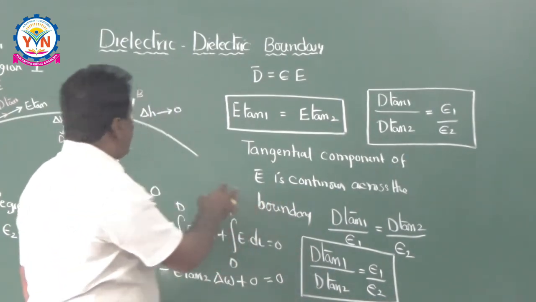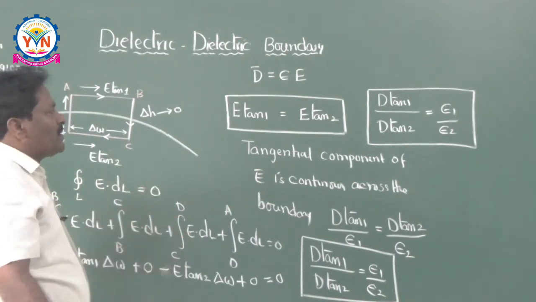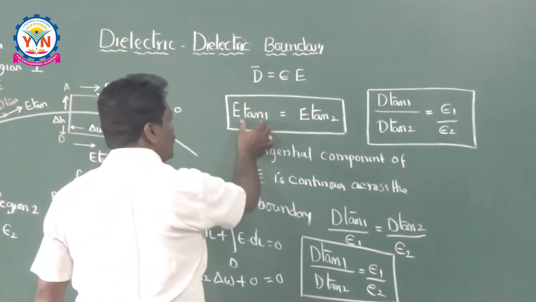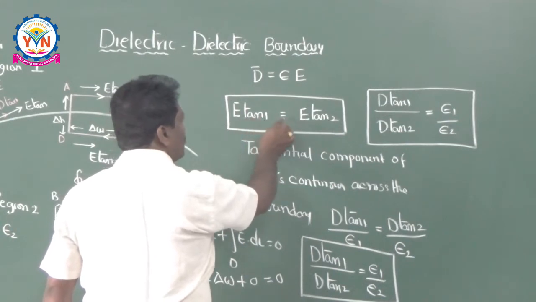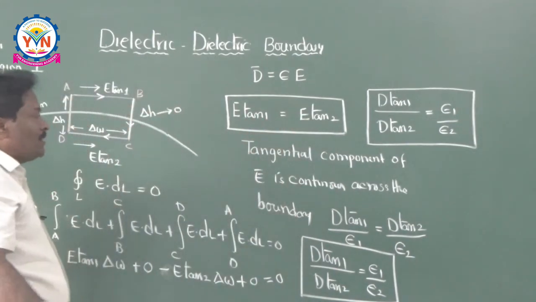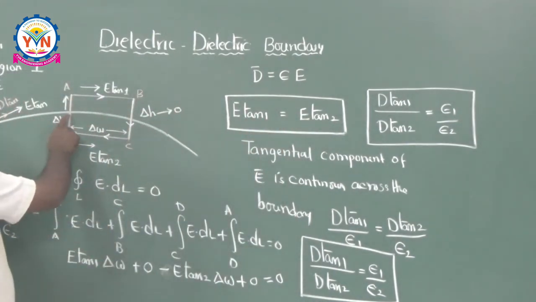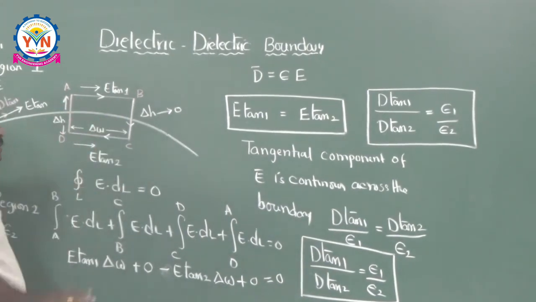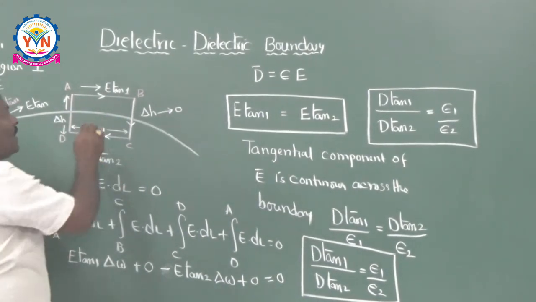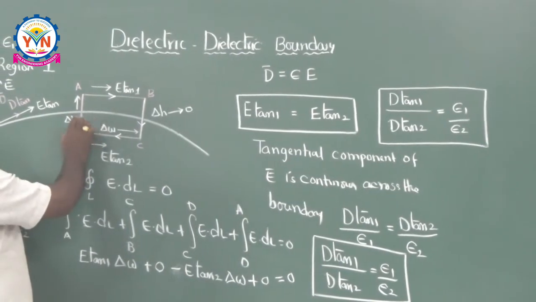So now in most of the problems, you have to use this condition for doing your problems. E tan 1 is equal to E tan 2. Very simple. Tangential components means along the surface of the boundary. For calculating these tangential components, what you have done?